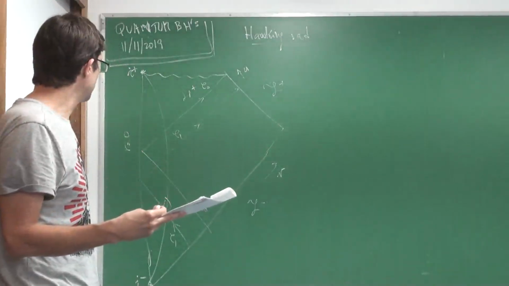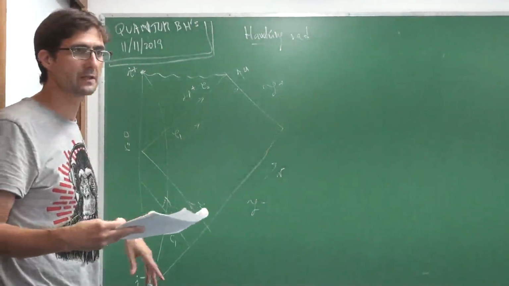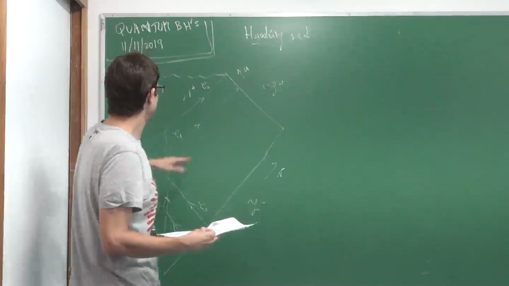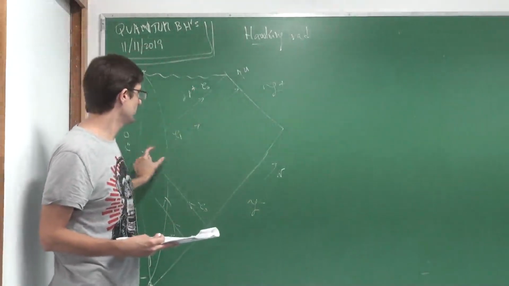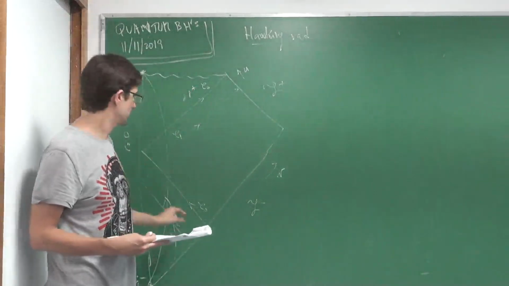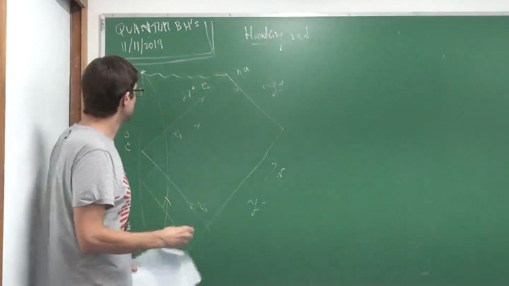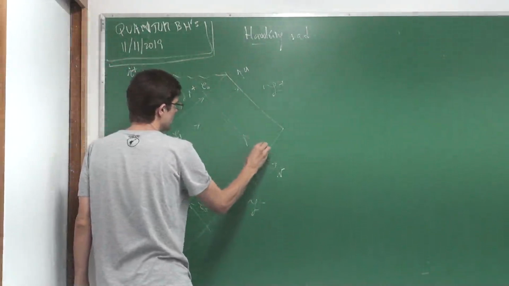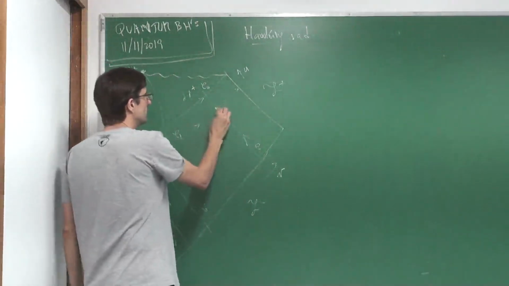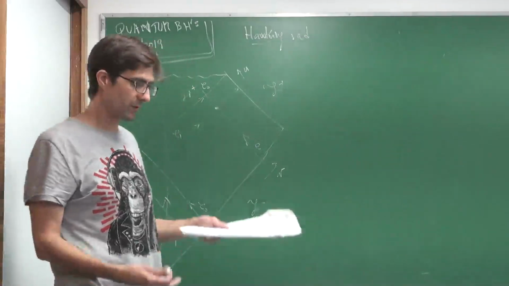So we're going to be interested in looking at the geodesic, at the distance between two neighboring null rays, between C0 and C1. For that purpose, we look at the null ray C that crosses C1 and crosses C0.